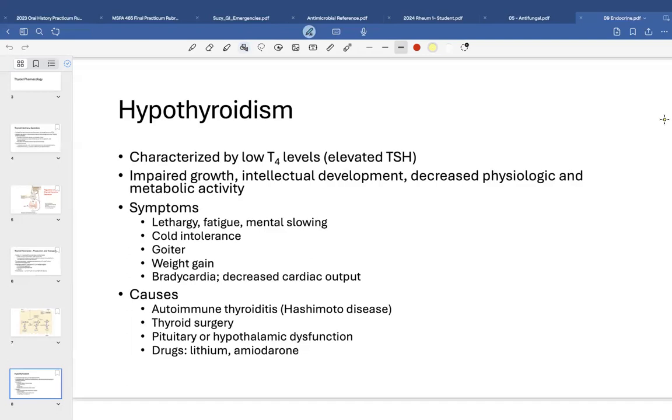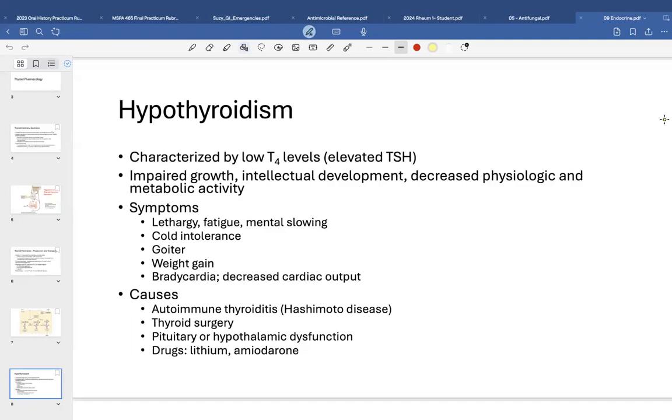So these patients will look tired and fatigued, mental slowing, cold intolerance, weight gain. Goiter is kind of an adaptation to help the thyroid compensate for their low output. Cardiac wise, you'll see bradycardia and an overall low cardiac output.